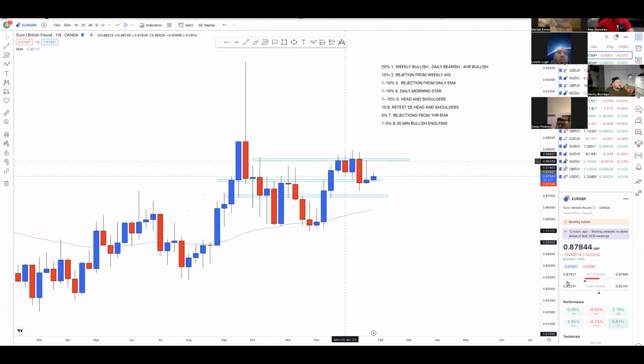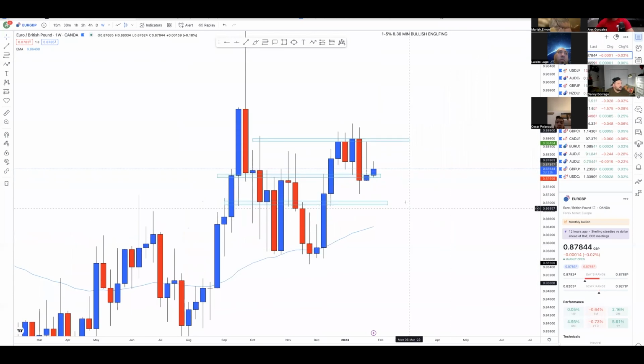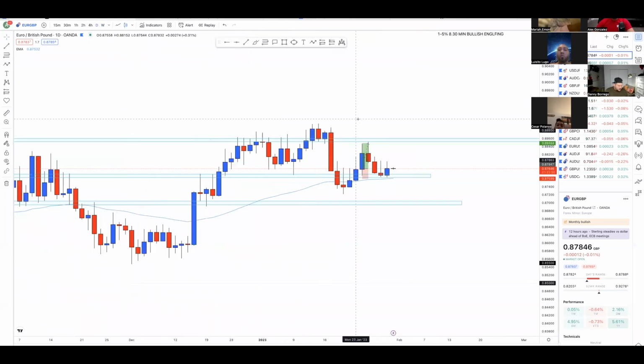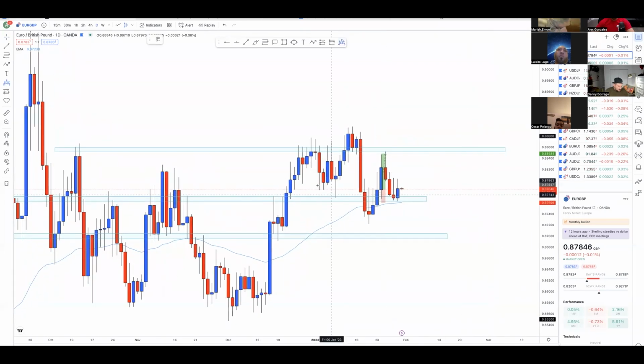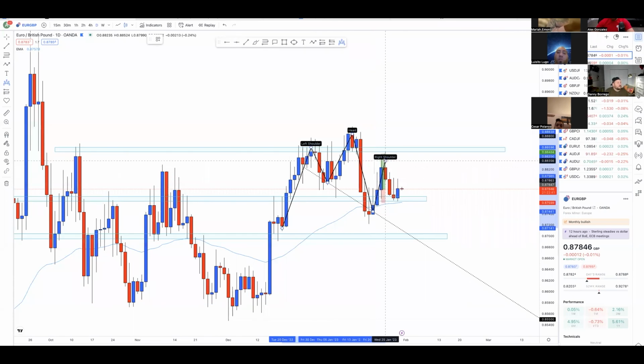Now for this week, I am not really crazy interested in it. I do like how the weekly has had this rejection candlestick, because it's showing that we're rejecting this structure level. Wait, you guys can see my charts, right? You guys can see it? Okay, yeah. So Dominic, I think it might be something with your phone, man. For the daily, I'm simply going to keep entertaining it, but one thing I'm going to take into consideration is that we have a left shoulder and head, and then a potential right shoulder.